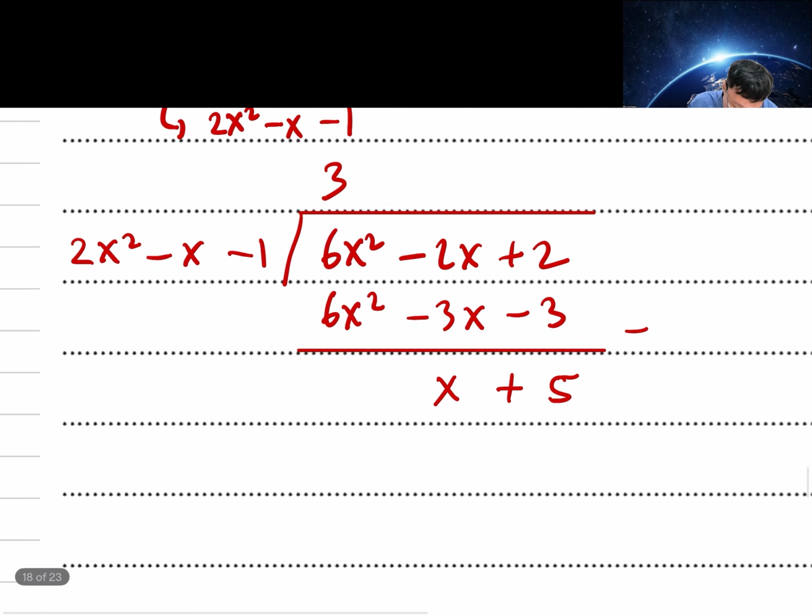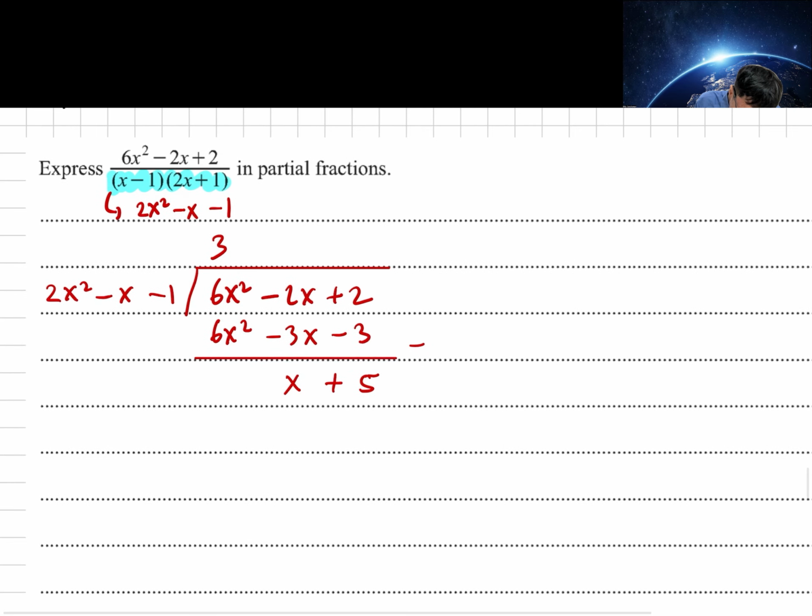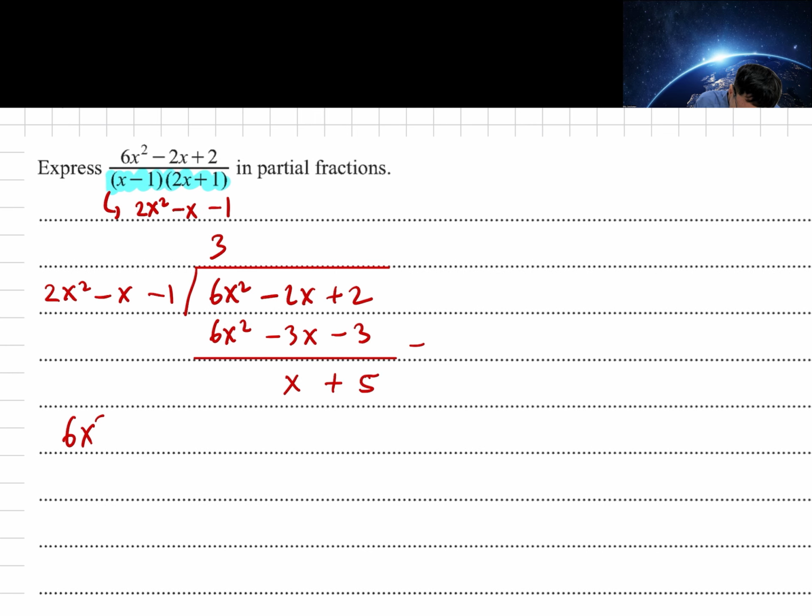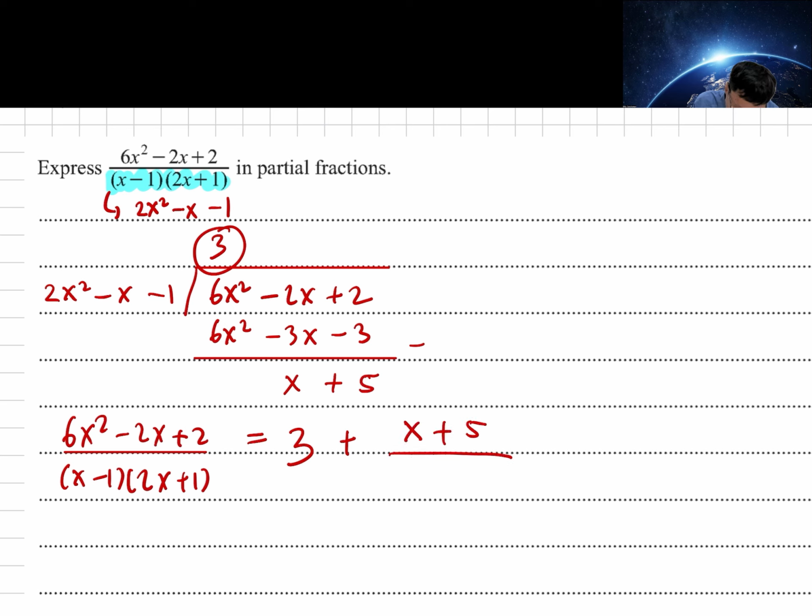Now, we can rewrite 6x squared minus 2x plus 2 divided by x minus 1 times 2x plus 1 as 3 plus the remainder x plus 5 divided by the divisor 2x squared minus x minus 1, which is x minus 1 times 2x plus 1.